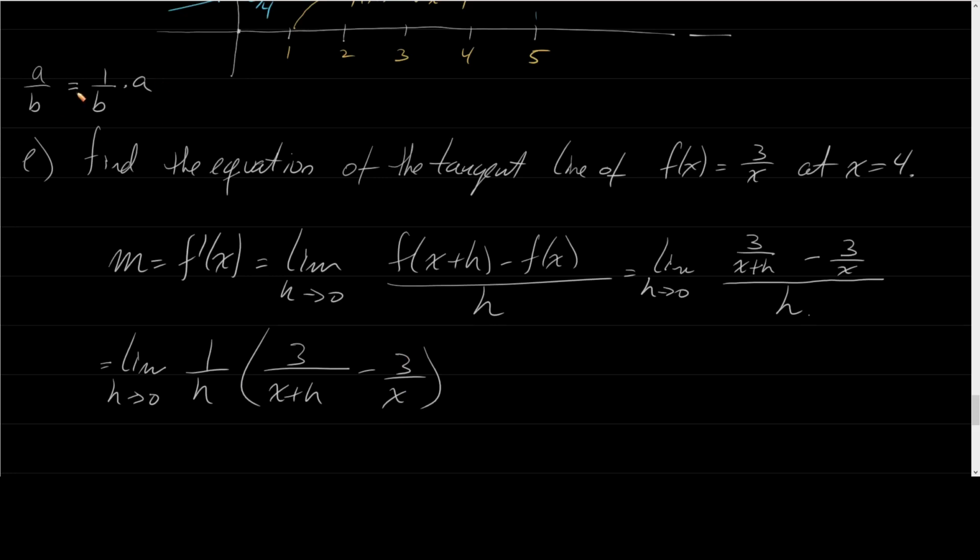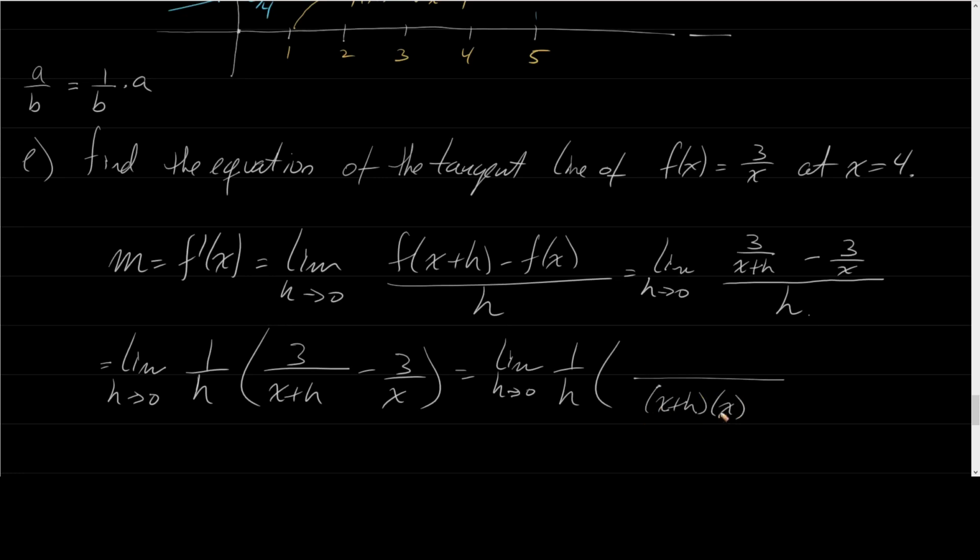Now let's see what we can do. What we really want is to get rid of this h down here, but nothing jumps out right away as to how to do that. What we can do is combine these two fractions, and the way we do that is by coming up with a common denominator. I'm going to write it as x plus h times x.